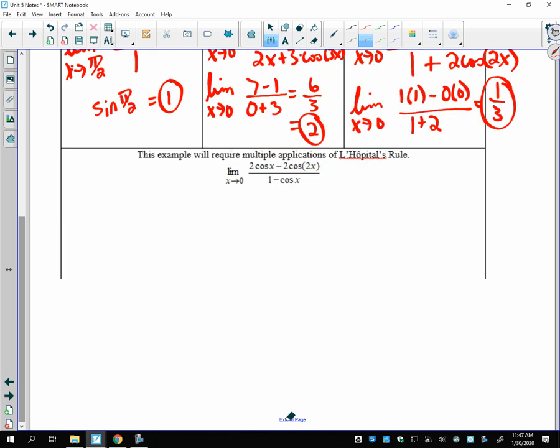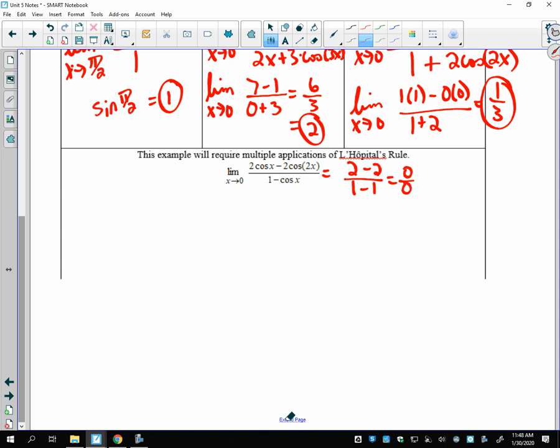Okay, maybe the last one. L'Hopital's rule can be applied more than once to the same problem, so just because you get 0 over 0 after you do it, it just means you can do it again. So on this one, if you plug 0 in first, we get 2 minus 2 over 1 minus 1. So L'Hopital applies.